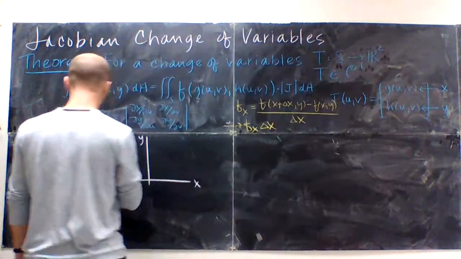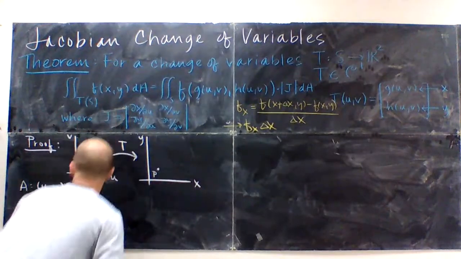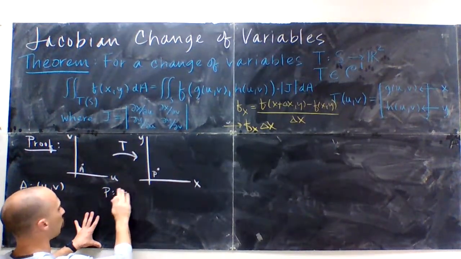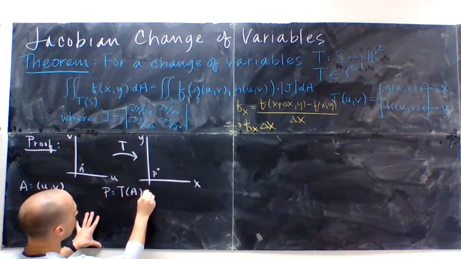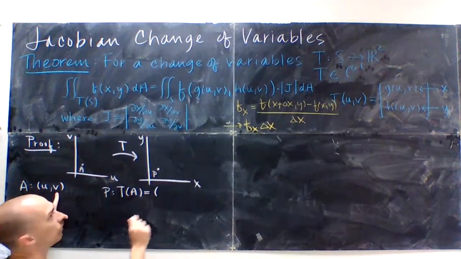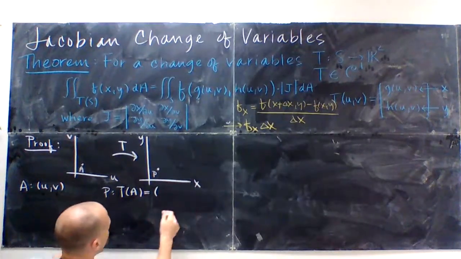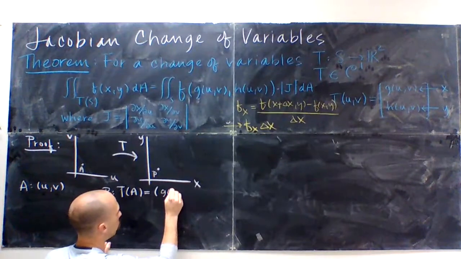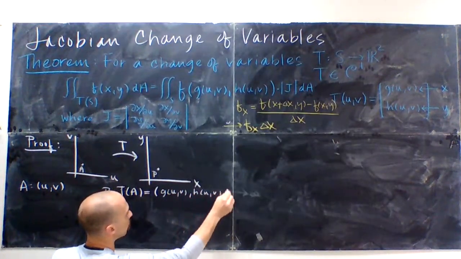So after T, I've got some point P, which is T of A. What happens to U and V after I run it through T? T does G to the U coordinate and H to the V coordinate, so that's G of U and V and H of U and V.